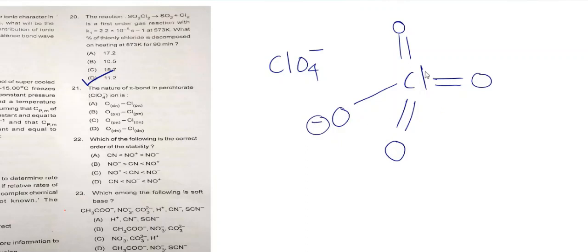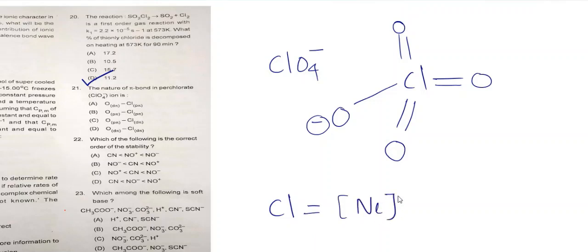What is the type of double bond here? We know that chlorine has a vacant d orbital, and its configuration is neon.